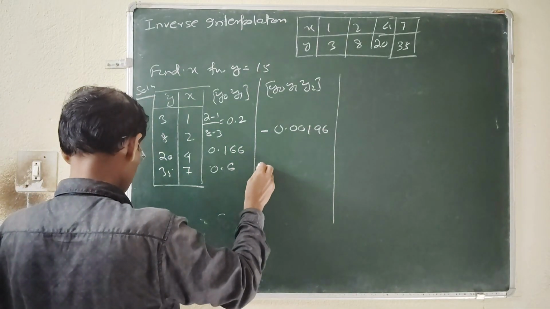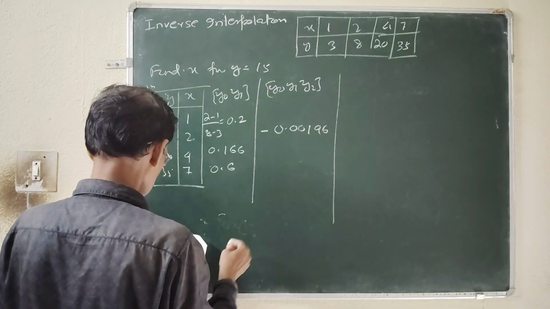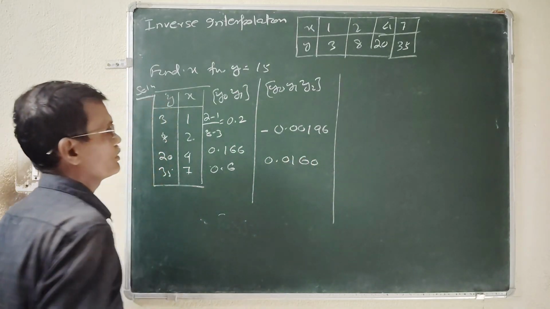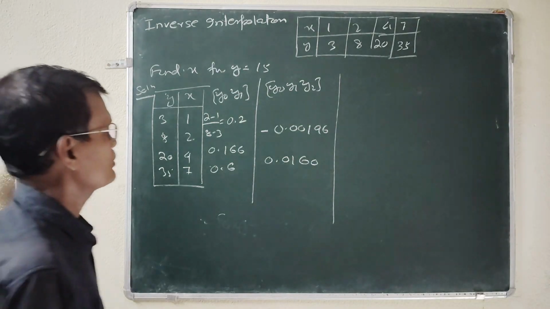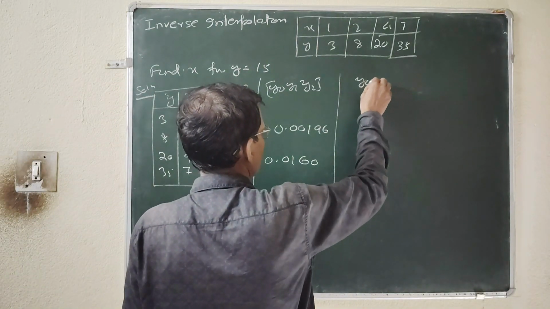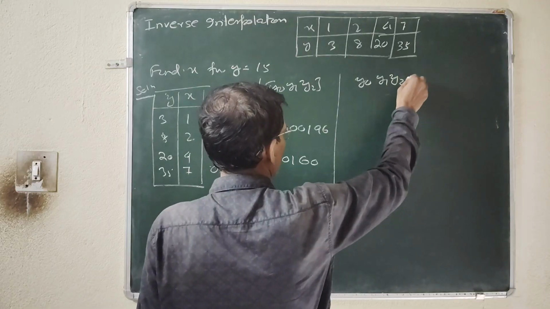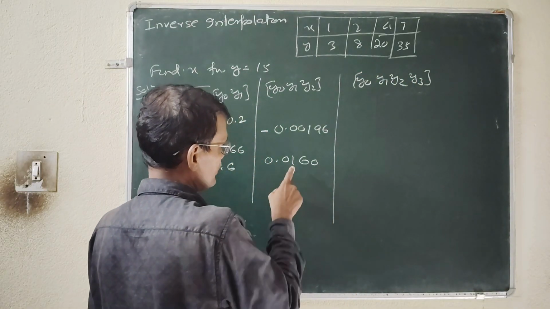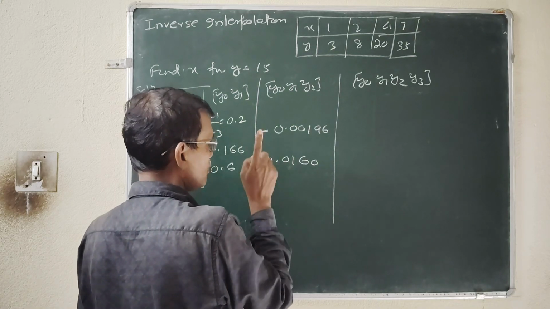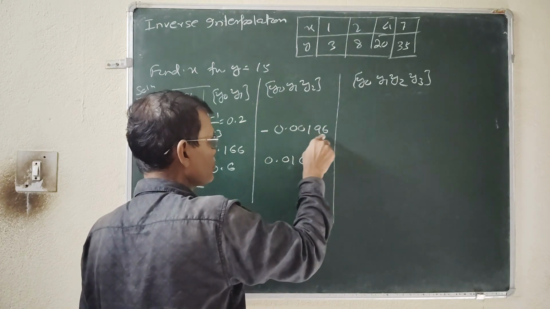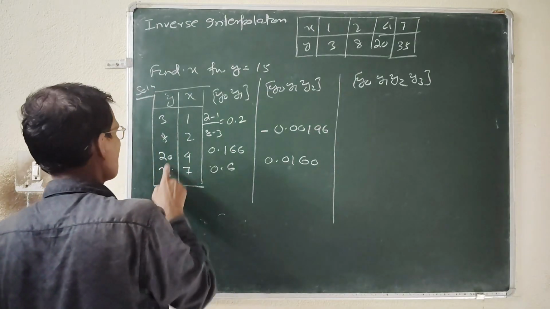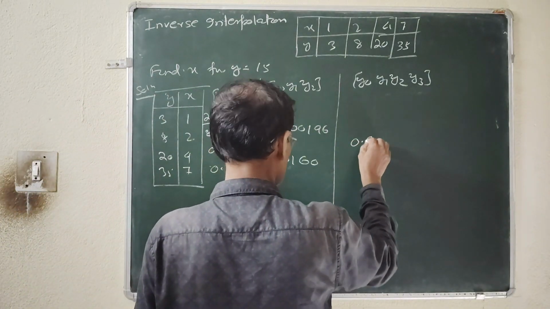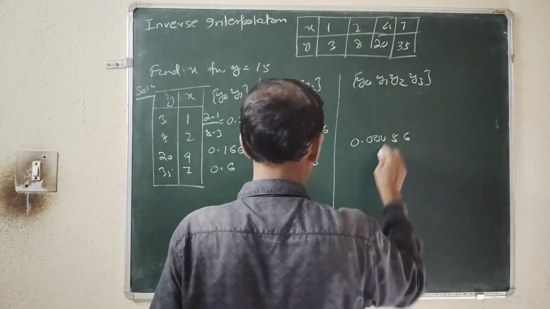So that is 0.0160. This is our second order divided difference. Then third order, y0, y1, y2, y3. This is the third order divided difference. For this case, we write 0.0160 minus of minus 0.00196 divided by 35 minus 3. It will give us 0.00056.